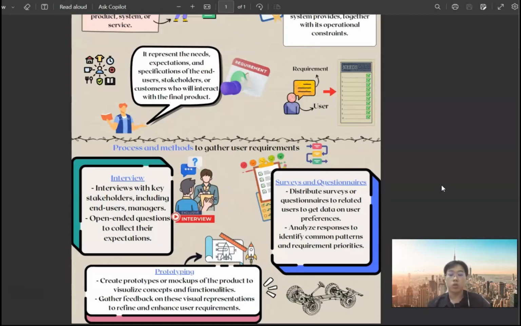So after creating the prototype, we can proceed to step 3, which is user testing. In this user testing, we invite users to interact with the prototype and collect their feedback on the design and its functionality to see whether it has something to improve or not.